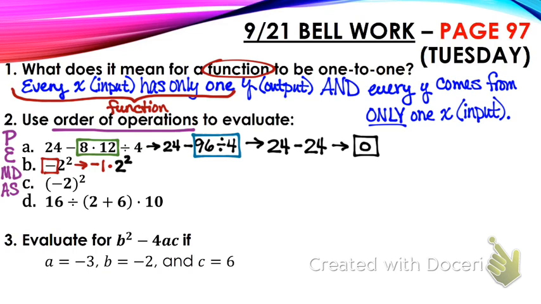Negative and then 2 squared means that I am multiplying a -1 to a 2 squared. Order of operations says I do which thing first, exponents or multiplication? Exponents come first. So I would do 2 squared first, which would give me what? 4. And then I multiply it by the -1, and I get -4.